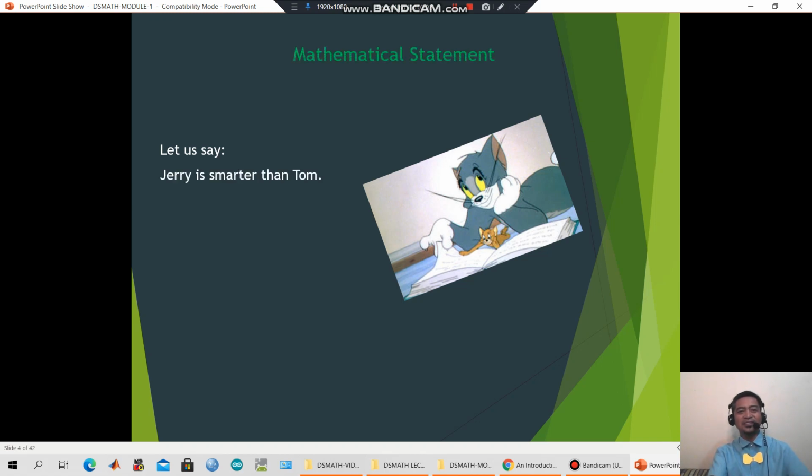So in this case I cannot consider this as a mathematical statement. As we said, discrete math should be intact, or our answer should be exact, or discrete. When I say yes, unlike the girls we court who give an unclear answer, or we don't know if it's yes or no, right? The meaning is ambiguous, no? A statement will give us some information, but in the English language it's so ambiguous, because Jerry is smarter than Tom, but in the other case people think the other way around, that Tom is smarter than Jerry.